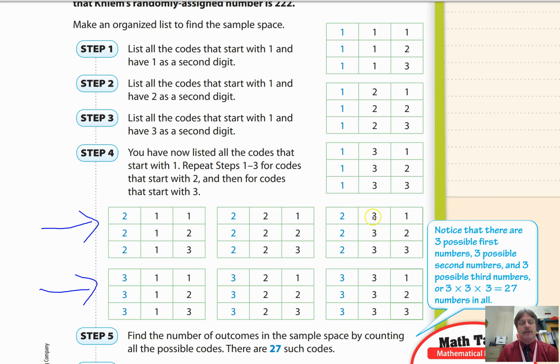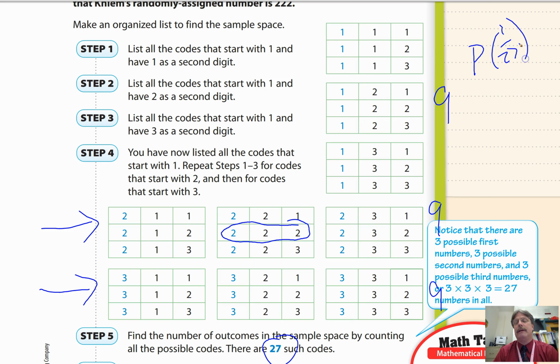But you still have the same outcome: 1, 2, 3, 4, 5, 6, 7, 8, 9. So remember, we had 9 there, 9 here, and 9 here. So our total outcomes are 27. If you look, we only have one 2, 2, 2. So the probability is 1 out of 27.